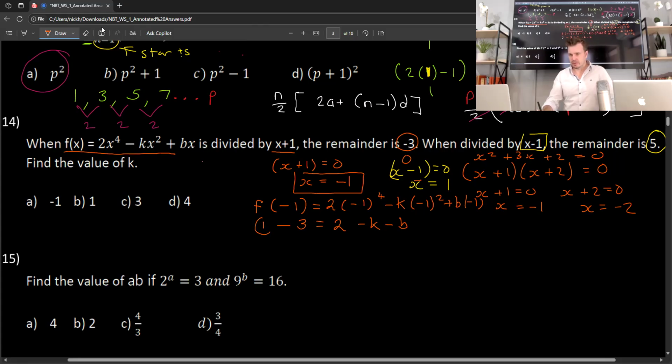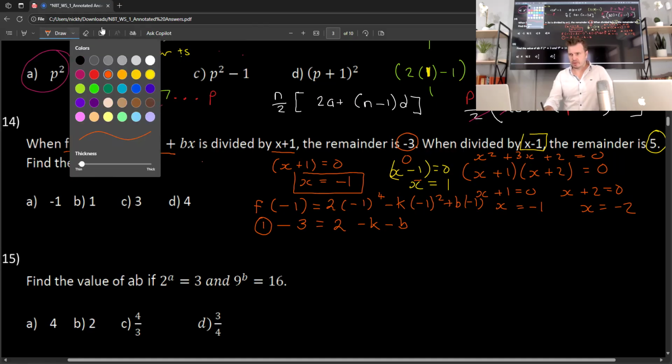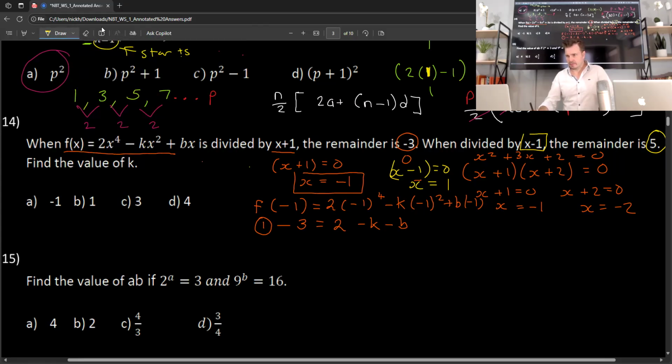Now what we're going to do is simultaneous equations to solve for this. So the next one we're going to put in is the 5 and the 1. So f of 1 equals 5, right?